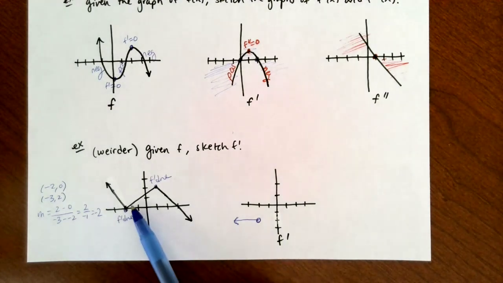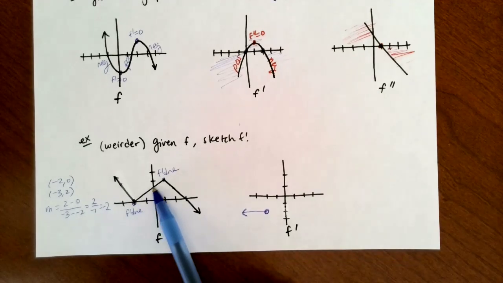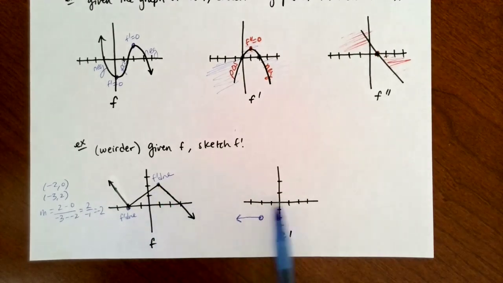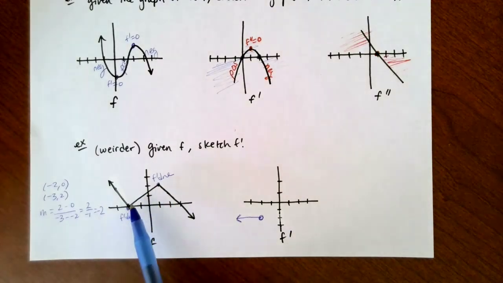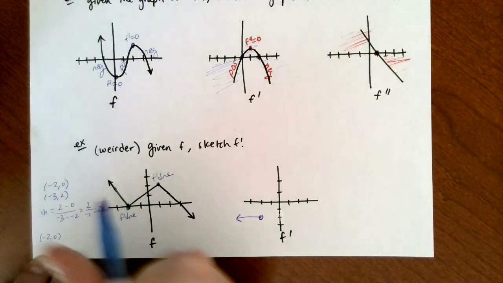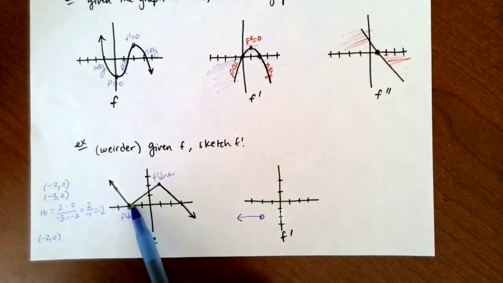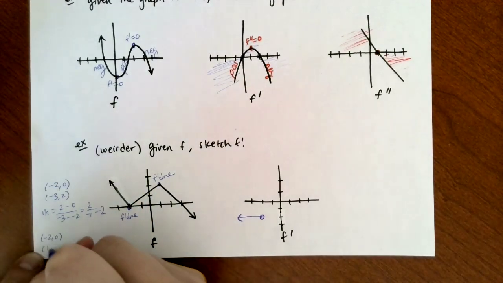And then I'm going to repeat the process for this line segment. I say, all right, it's increasing left to right. So I assume it's going to be a positive slope, like we're going to be somewhere up here until 1. But I can compute exactly this derivative because it's the slope of this line. So for this one, I again have the point -2, 0. And then some other point on this line segment, 1, 2 looks pretty clear.